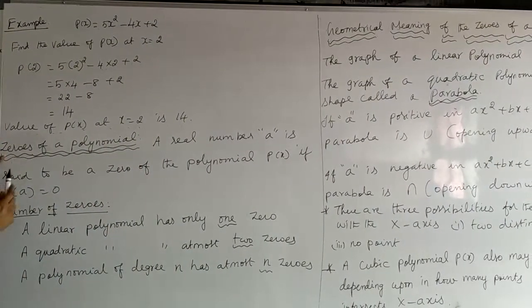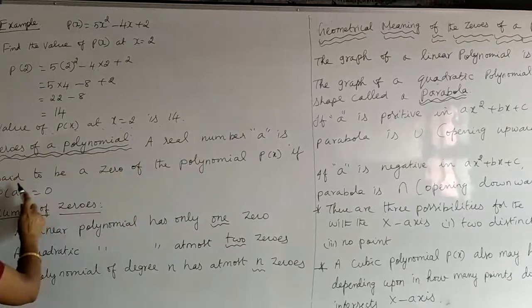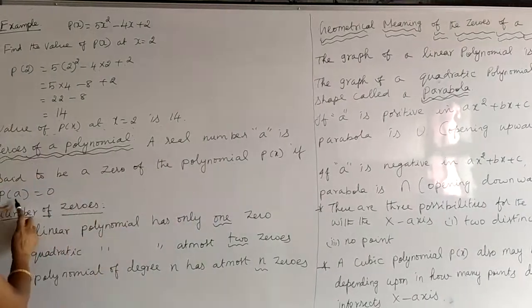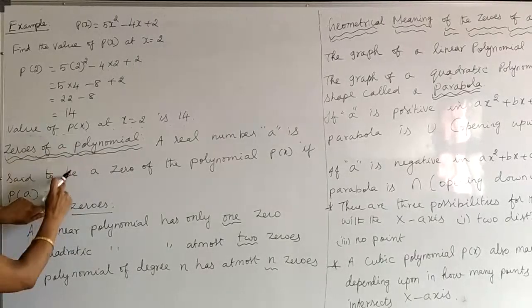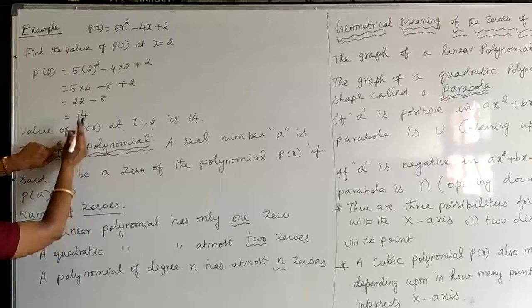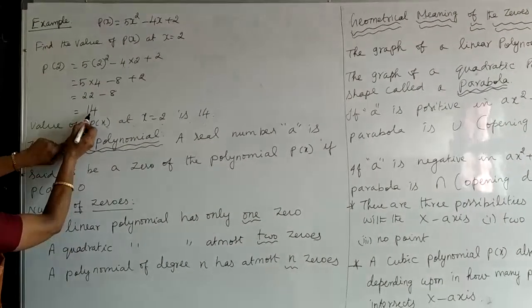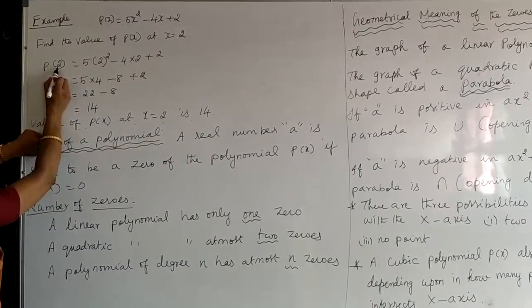The next point is zeros of a polynomial. A real number a is said to be a zero of the polynomial P(x) if P(a) equal to 0. The zeros and finding the value, more or less they are related. Here, if the answer becomes 0 for any value, we call this value the zero of the polynomial.